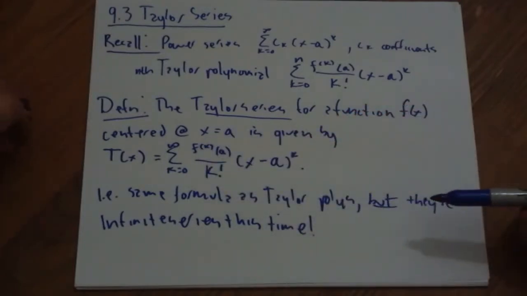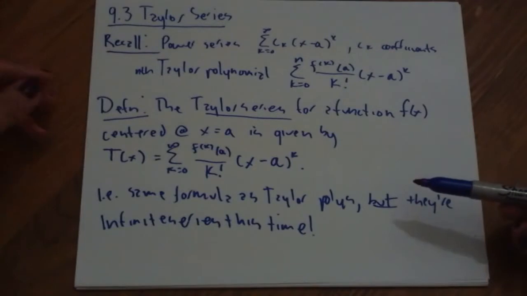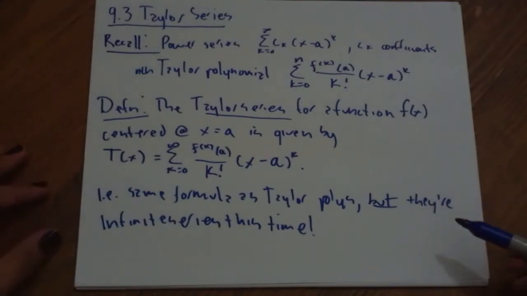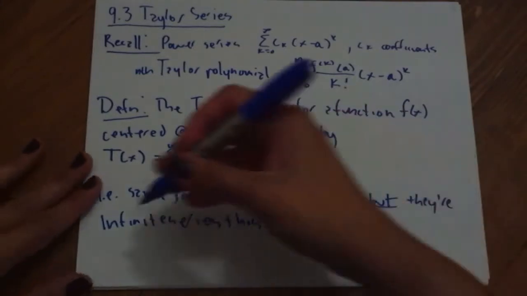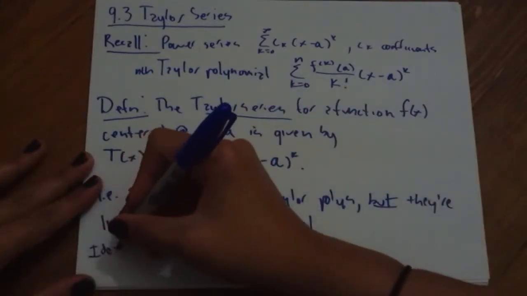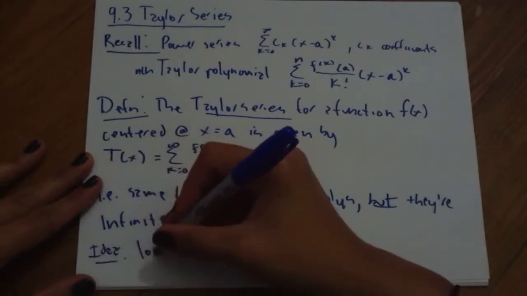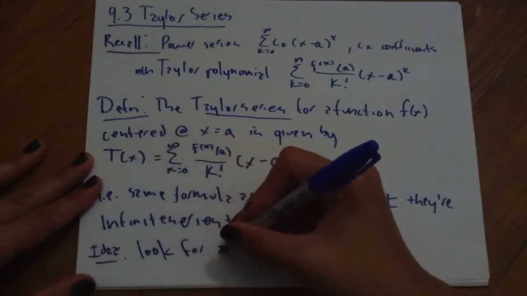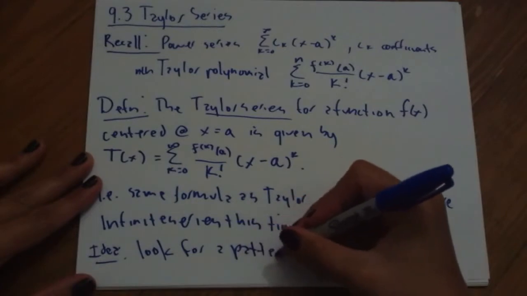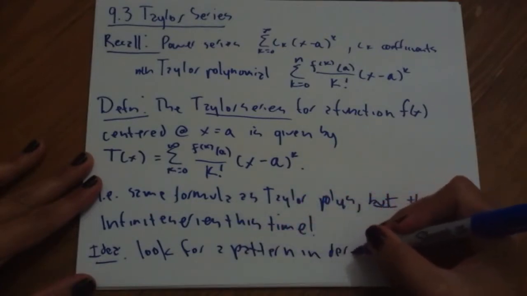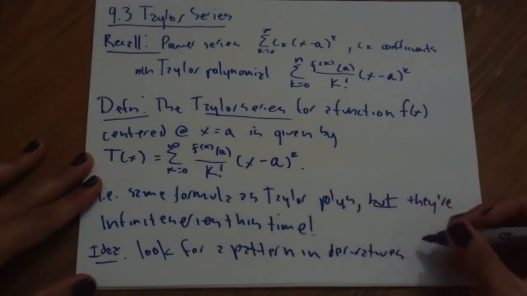And then once you get a pattern for what your derivative is, and once you can come up with a formula for it, we're going to stick it back in the formula to get our Taylor series. All right, so the big idea for today is to look for a pattern in your derivatives to use this formula.